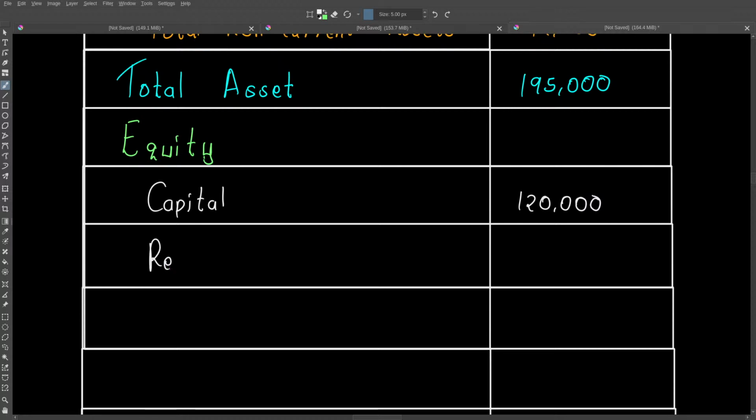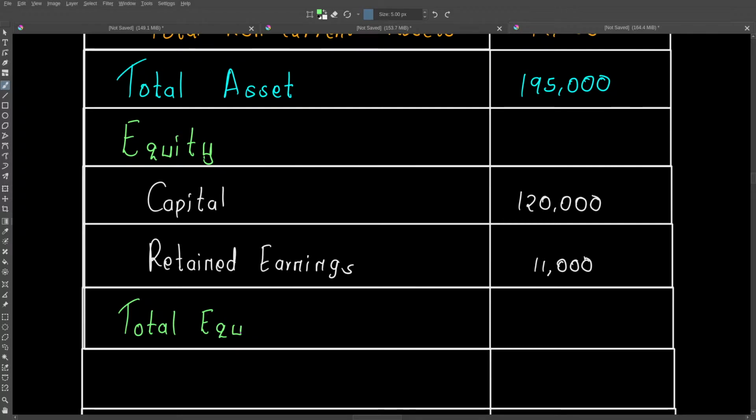Remember, retained earnings is another component of equity. This is going to give us total equity, which is 131,000.